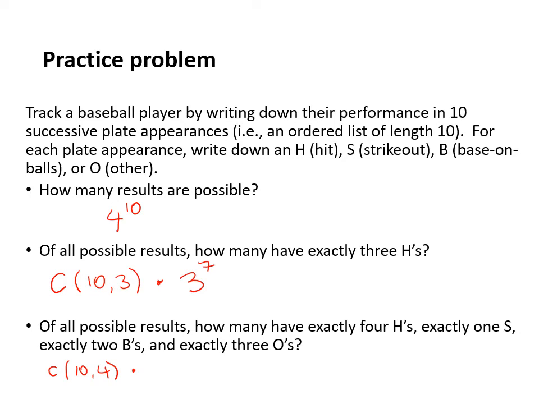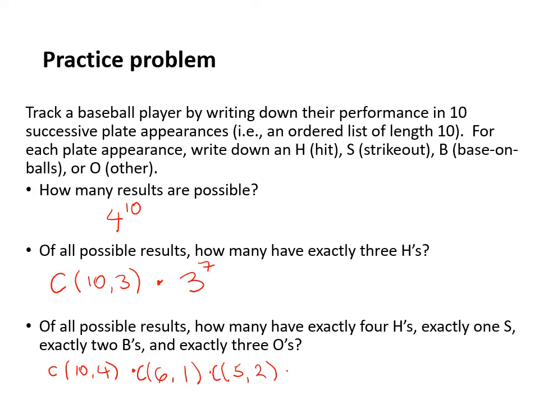we have exactly 1 S, so we are going to choose 1 out of 6 leftover spots. Then we have exactly 2 B's, so we are going to choose 2 out of 5.